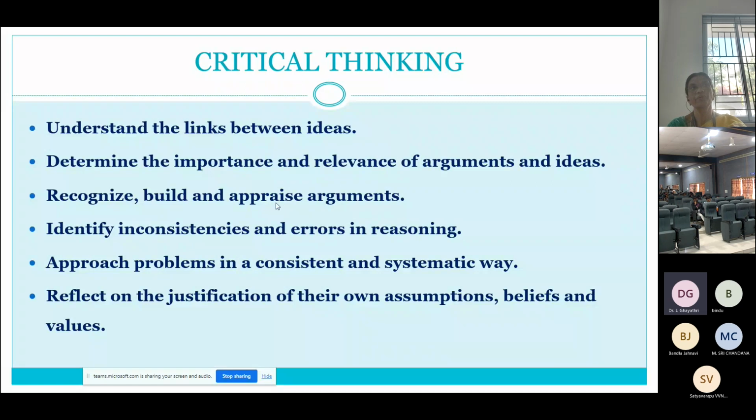You may have many ideas to solve the problem, but after that you have to understand the links between the ideas, analyze the importance of the arguments, build, recognize and appraise them, and identify the inconsistencies and errors in reasoning. Then you approach the problem.